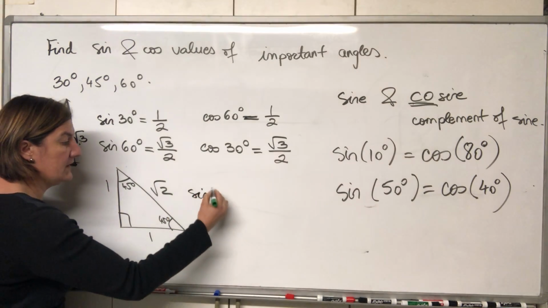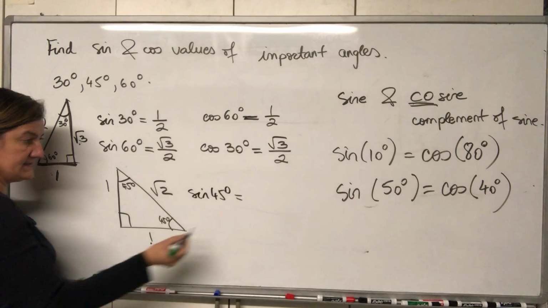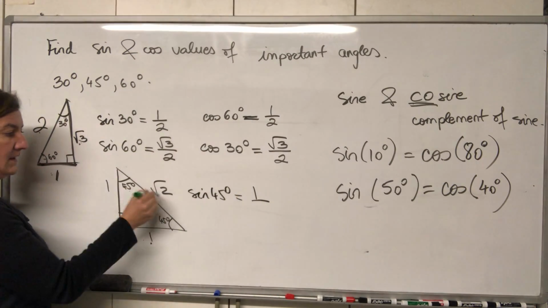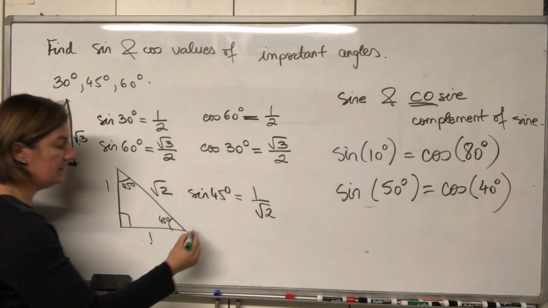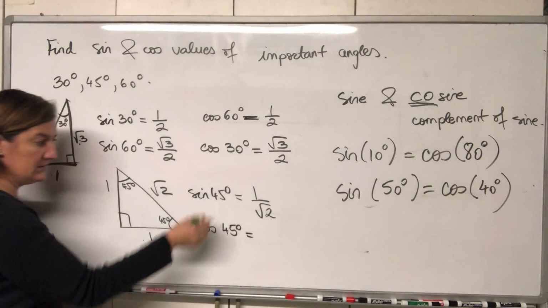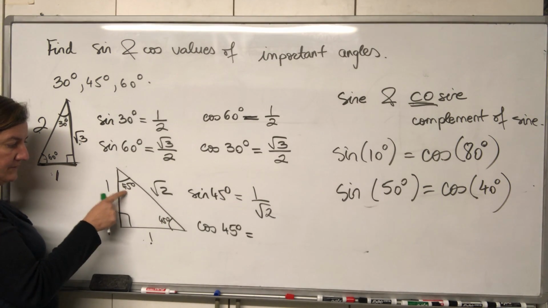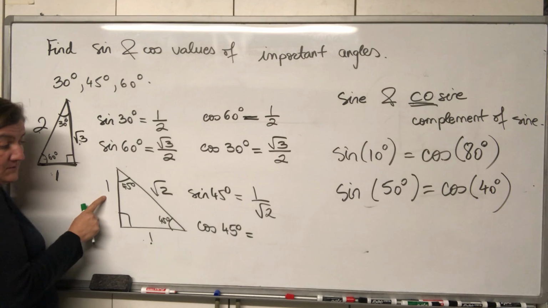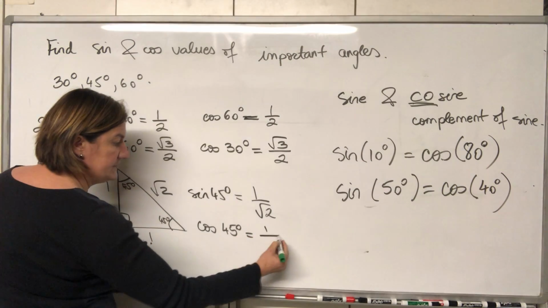So sine of 45 degrees is the opposite over the hypotenuse. And by the way, cosine's just the same, not only because these are complementary angles of each other, but cosine of 45 is the adjacent, which is also 1, over the hypotenuse, which is the square root of 2.